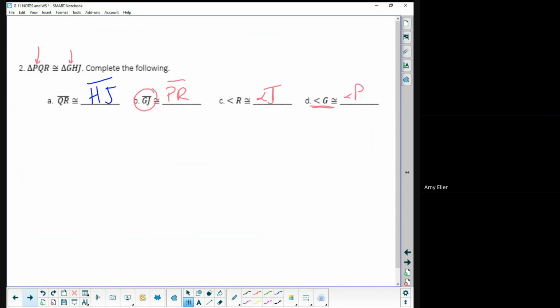There's no numbers. When you see the congruent symbol, you want to put the letters it's congruent to, not necessarily a number that goes with it. If it ever says measure of angle T, then we want the number. If it just says angle T is congruent to, then you're going to put whatever angle letter goes with it.